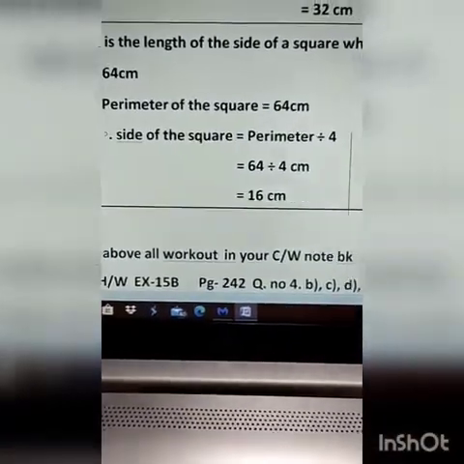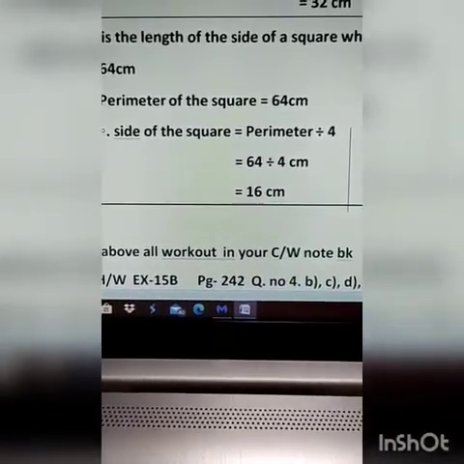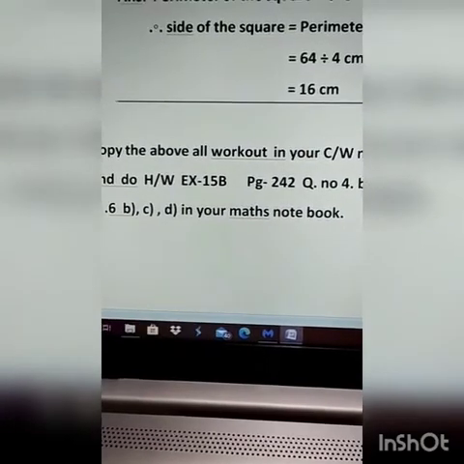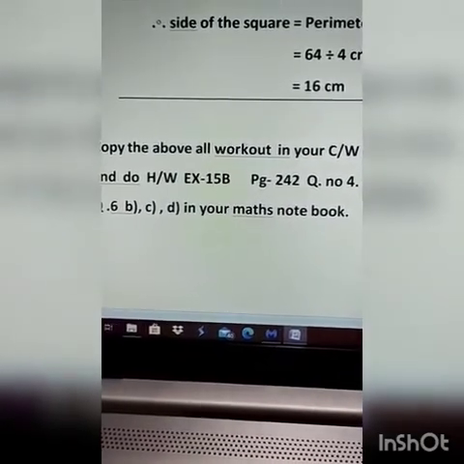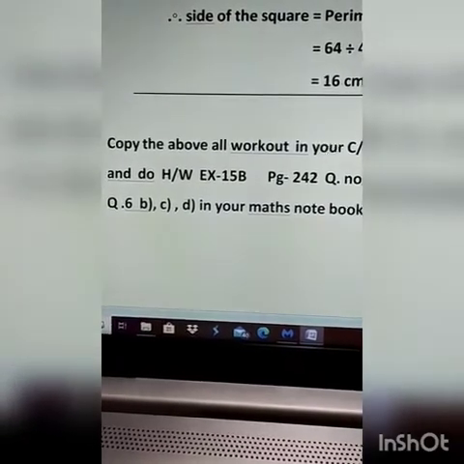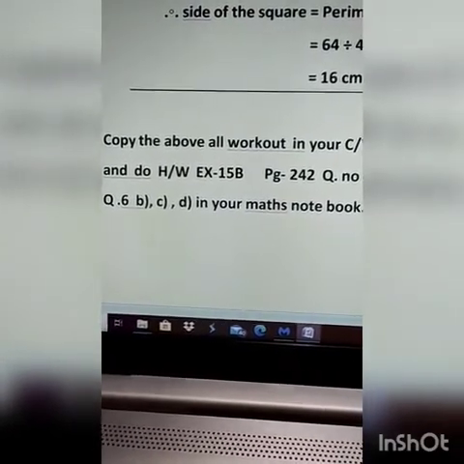So simple, few formulas you need to remember, and very importantly, don't forget to write unit of perimeter. That is most important. Without unit, no value. You understood?